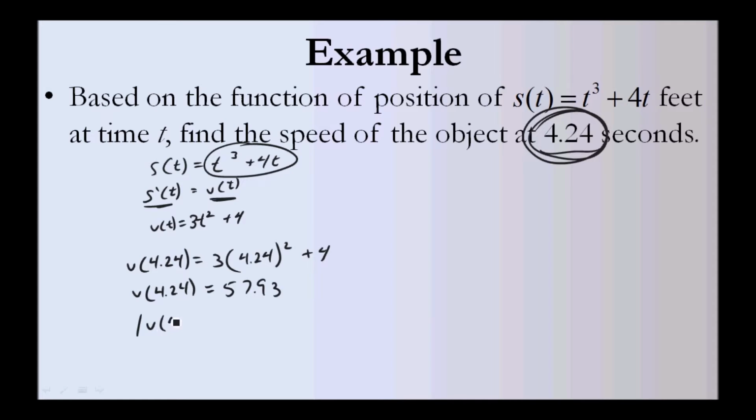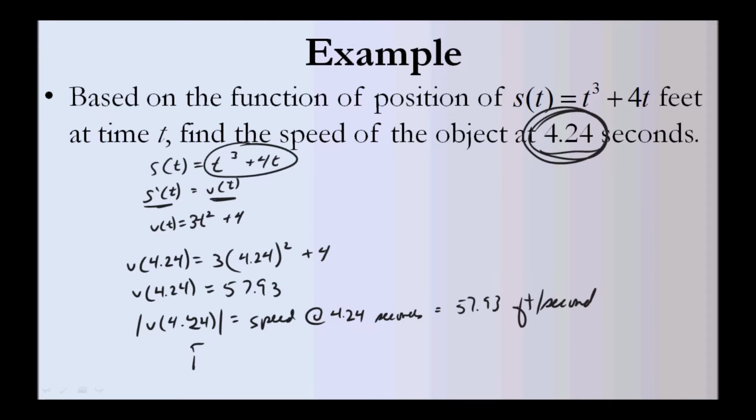The absolute value of v at 4.24 is equal to the speed at 4.24 seconds, which is equal to 57.93 feet per second. The absolute value didn't really apply here because the velocity was positive, as such speed was positive, but it's important to apply this because this is not always the case.